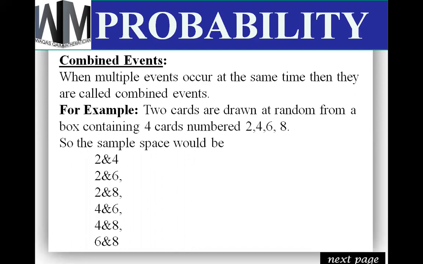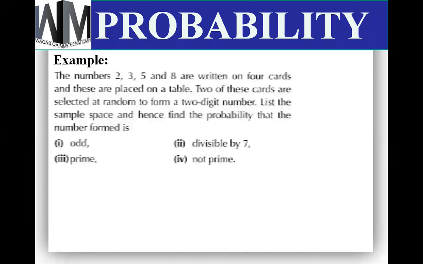Okay, so we are taking this one as an example. In that example, four cards are there in a box, and on each card a number is written: 2, 3, 5, and 8. Now we are picking two cards, and by using these two cards, we are making a number, right?